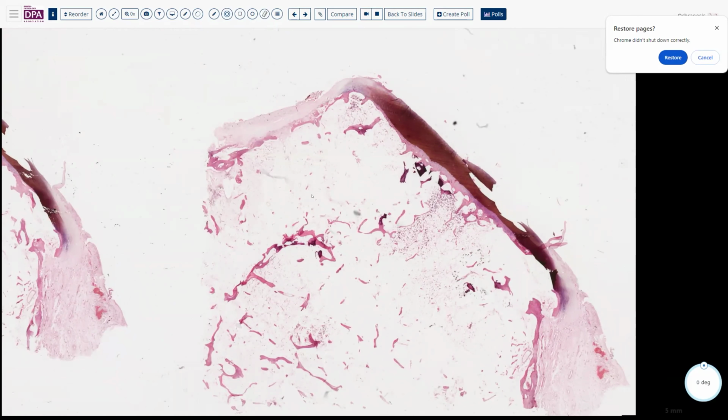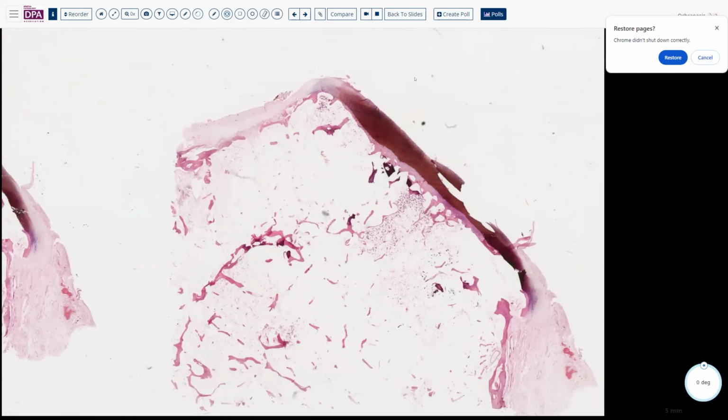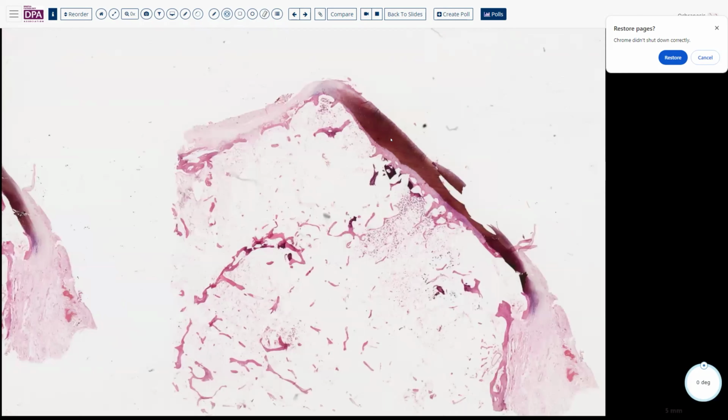So again, a very unusual example of a disorder you may or may not ever encounter in your experience. But when you do, think of metabolic diseases that can cause hyperpigmentation.